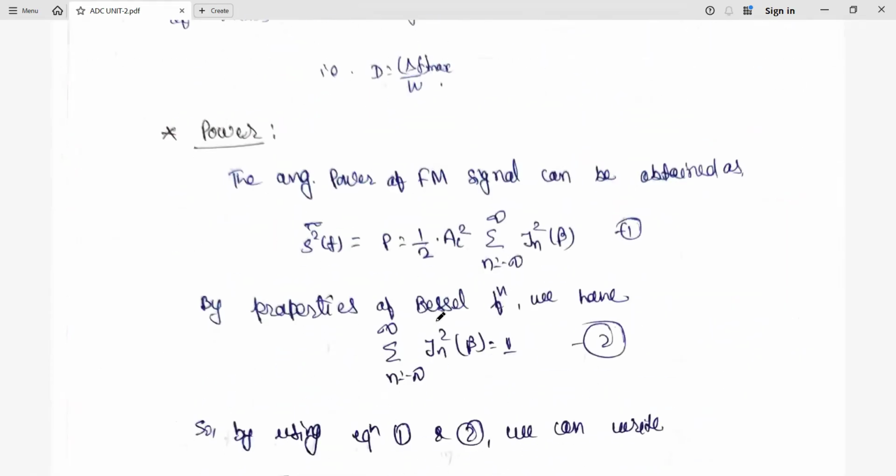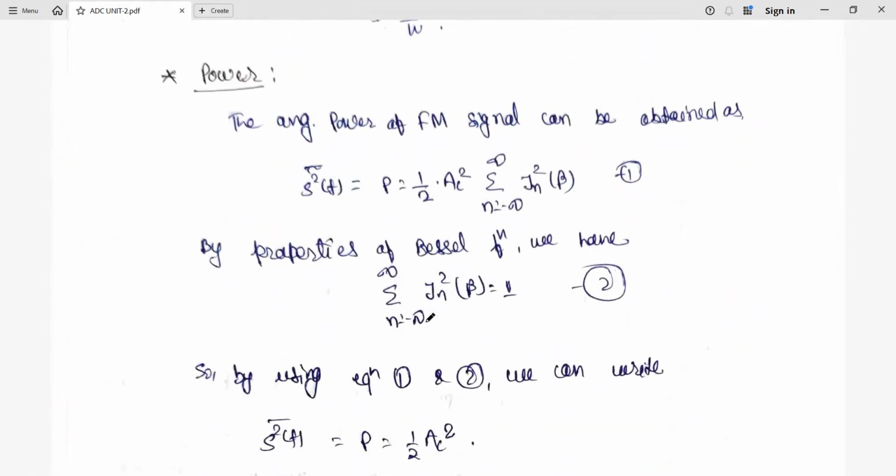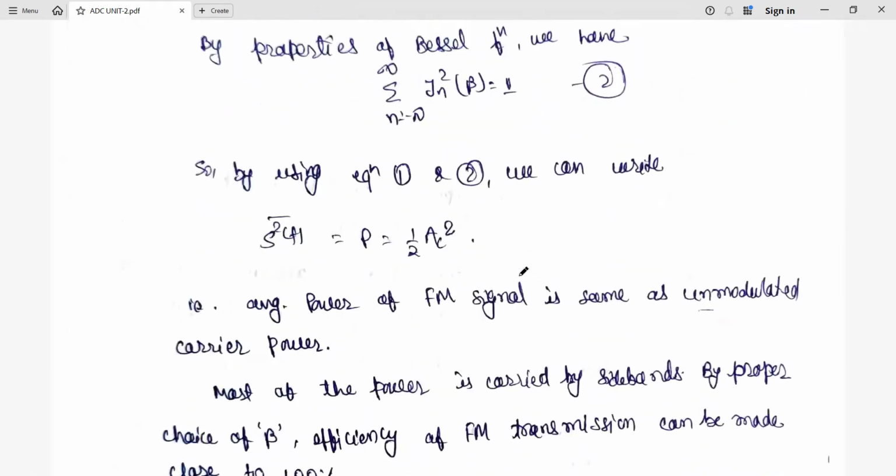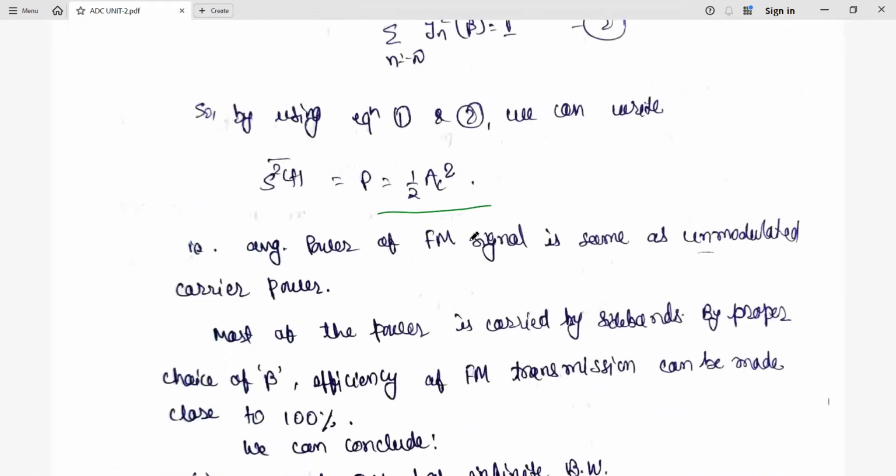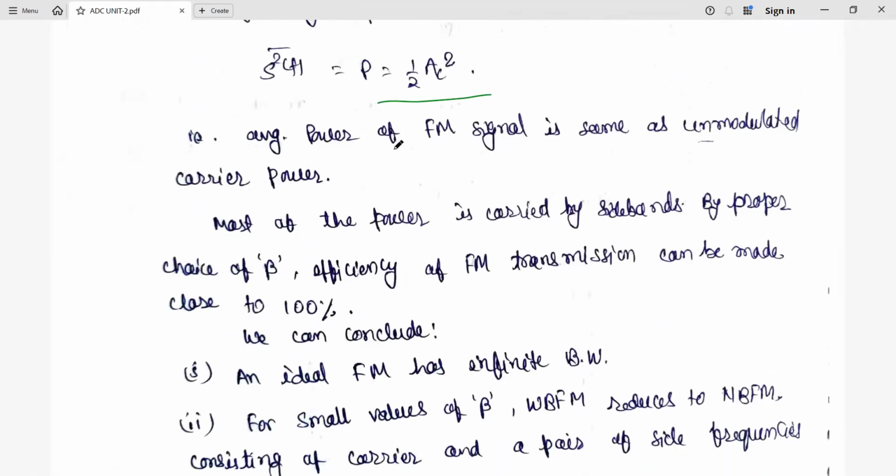Now, we have already seen the calculation of power in the case of a modulated wave. We are talking about the average power, which is going to become 1 by 2 Ac square, since the sum of the Bessel function values is equal to 1 by the properties of the Bessel function. This is the average power, which is the same as the unmodulated carrier power.